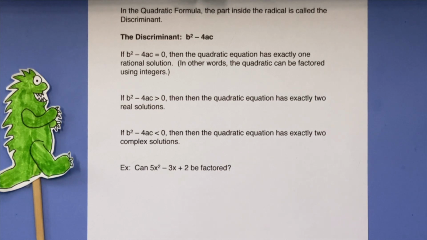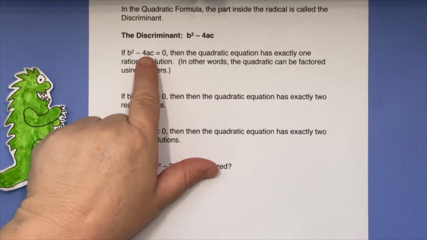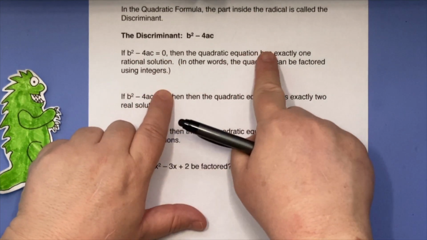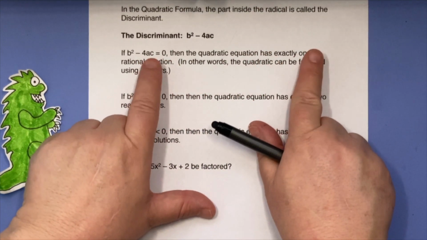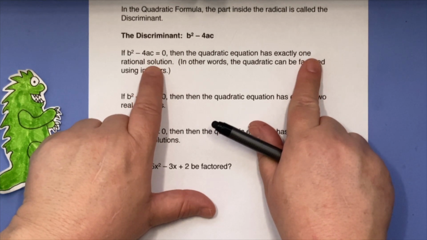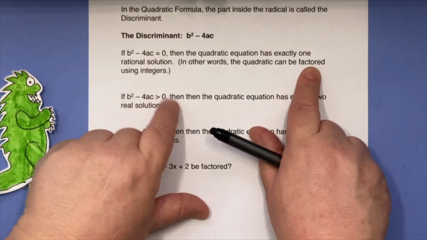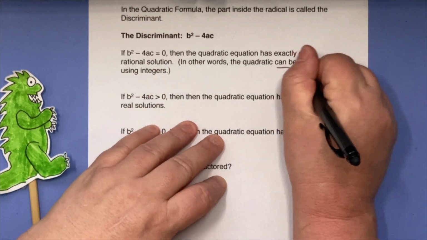So the discriminant is what tells us whether or not we can actually use the formula. If the discriminant, the thing inside the square root, is 0, then the quadratic equation has exactly one rational solution. So there's a fraction or a whole number or an integer of some sort, and the quadratic can be factored.